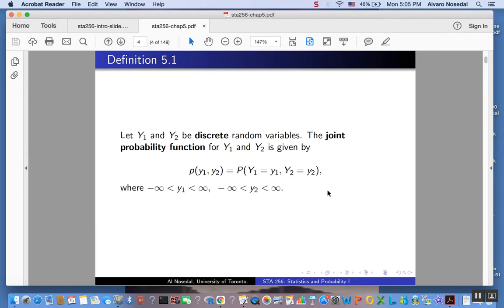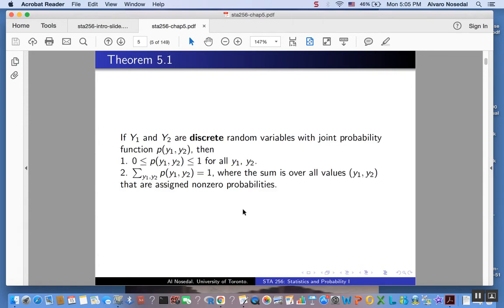Okay, so now let me show you a theorem that we have here. We're not going to give the proof of this theorem, but I want you to see that the ideas are just extensions of what we saw in the case of one single random variable. If you have a joint probability function, before, when we had a discrete random variable, we had something called the probability mass function.